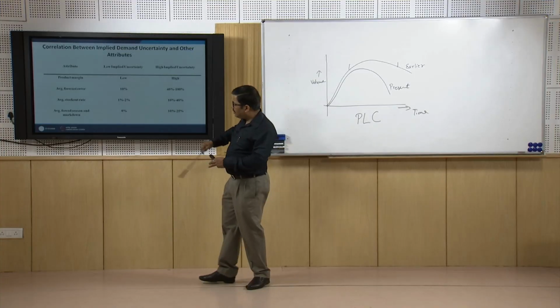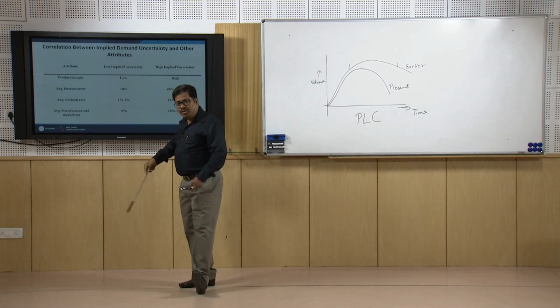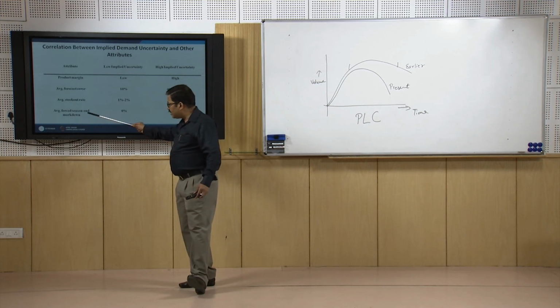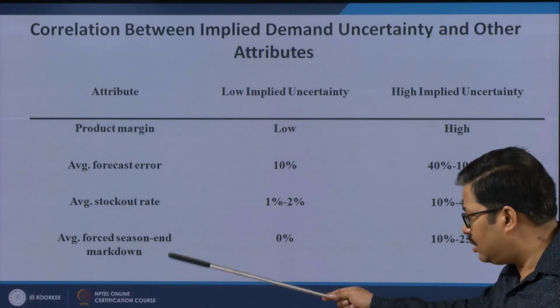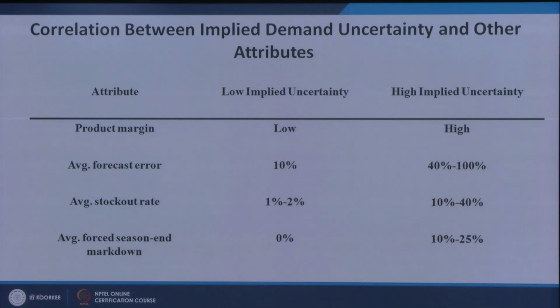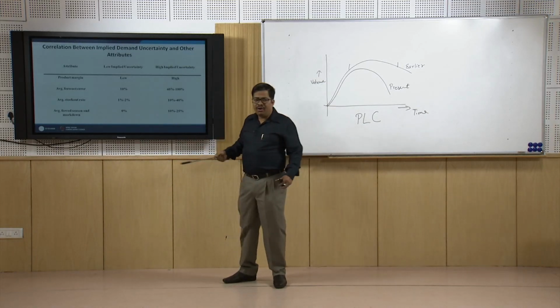Then, because of forecasting errors and because you are piling up inventories, you need to clear those inventories, and end of season markdown pricing is something we see very often nowadays. In the case of low implied uncertainty, you hardly see this type of activity. It is almost zero.